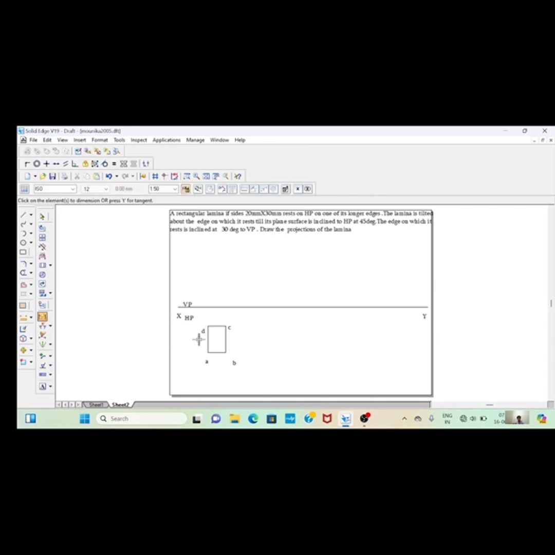Now go to smart dimension and measure the distance of the two bases and heights. Now we should project the endpoints to the XY line using a normal line.